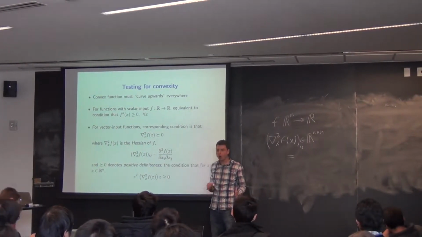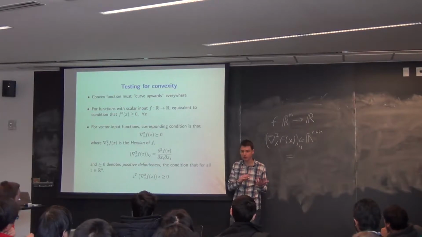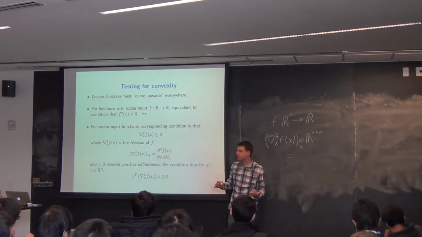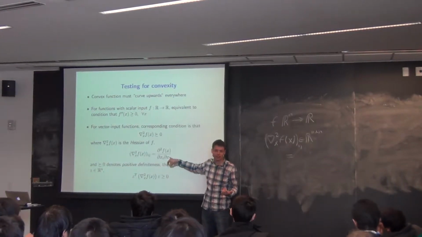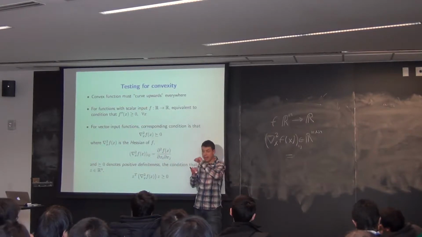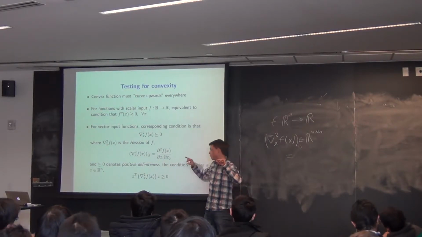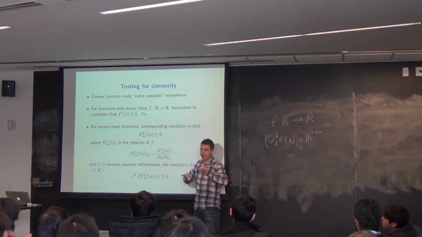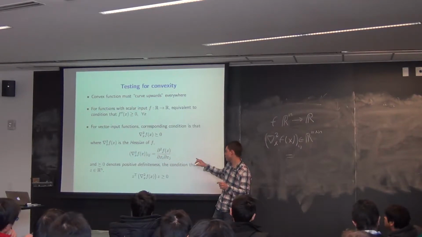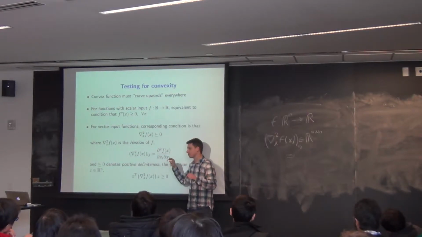So we take all possible second derivatives of that function with respect to all xi's and xj's. And of course, the diagonal entries are the second derivatives with respect to xi twice.